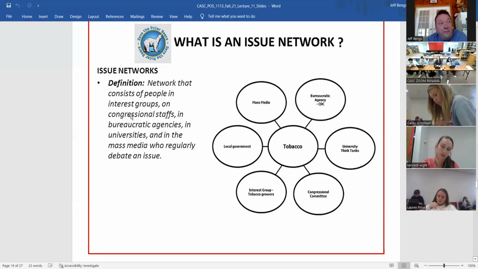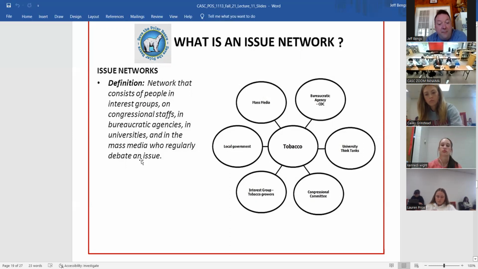You have a subcommittee for small sheep farmers. You have the Department of Agriculture. And then you might have professors from an agricultural university like Oklahoma State that are consulting and giving advice in this network about sheep farming.